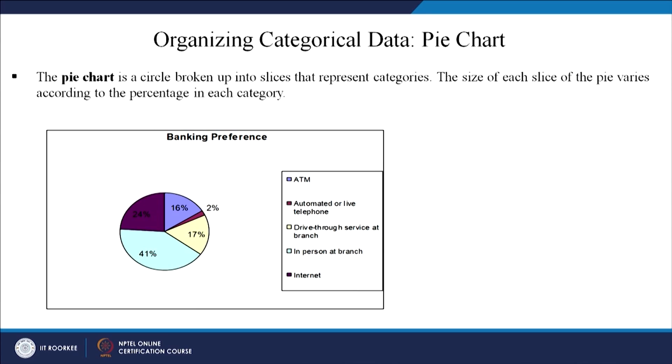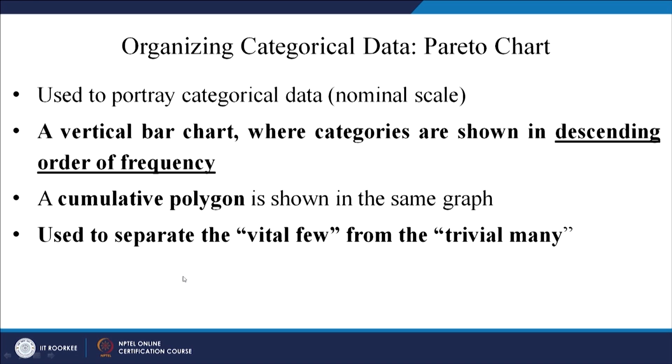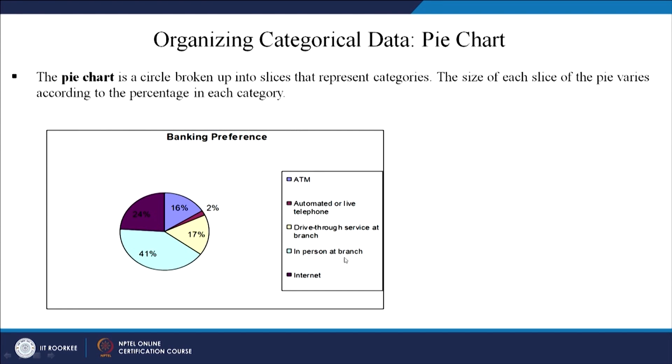The same information is available here in the pie chart as well. This is 41% in person at branch, and this is 2% live telephone, right. We will now draw a pie chart using Minitab software.